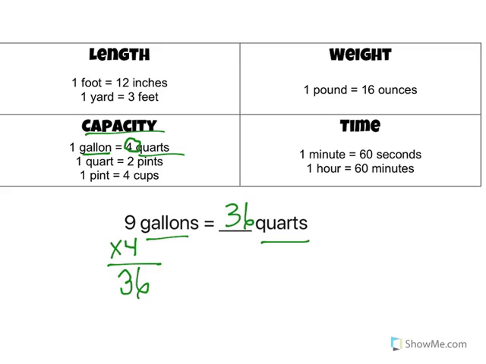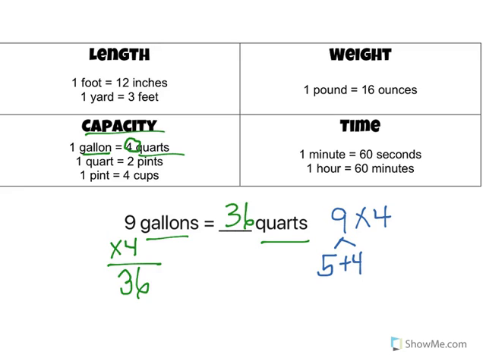So 36 quarts. But let's think about another way to break this down to solve it simpler. If we have 9 times 4, what I can do is break apart this 9 into 5 and 4.